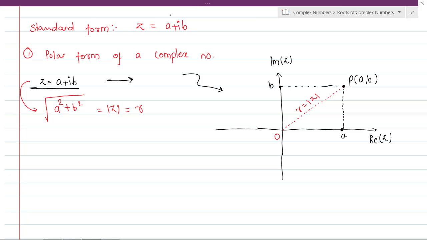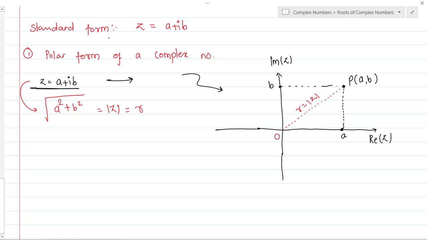Is it okay, everyone? Perfect. Next part, we know that this angle is theta, and that theta is nothing but the argument of z, which is tan inverse of b by a.